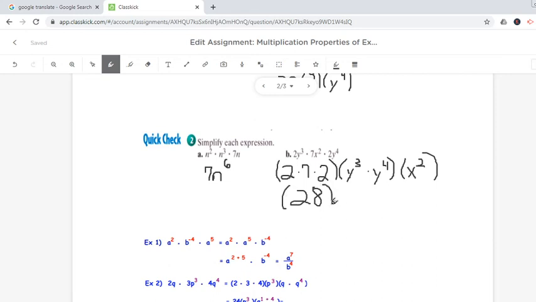And then y, same base, so we add 3 plus 4. That's 7. y to the 7, and x squared. So we got it.